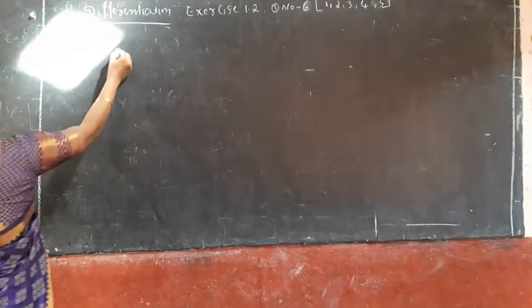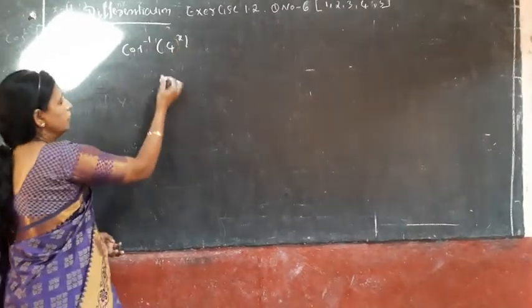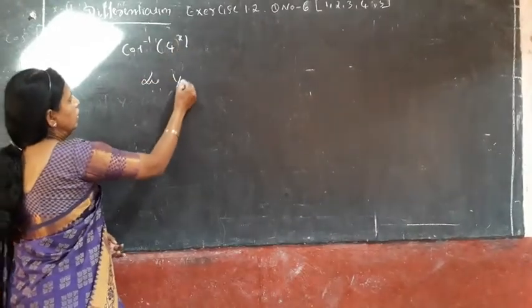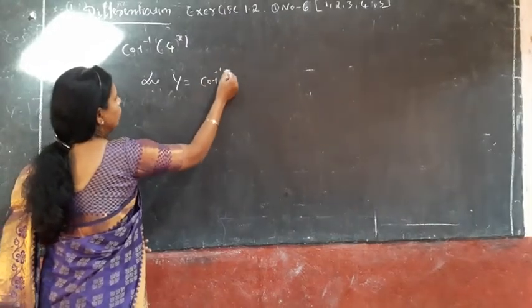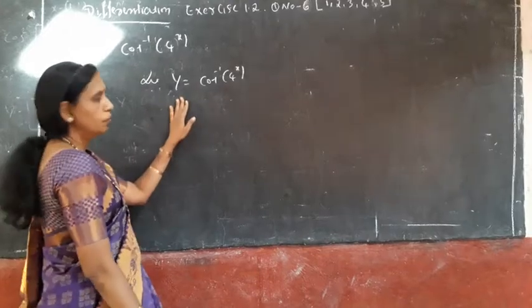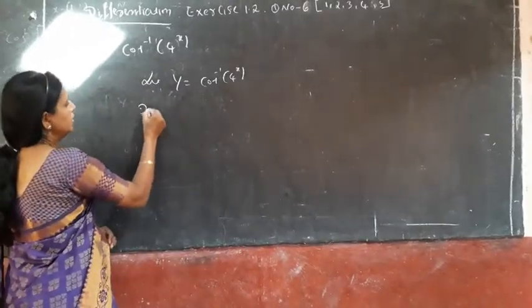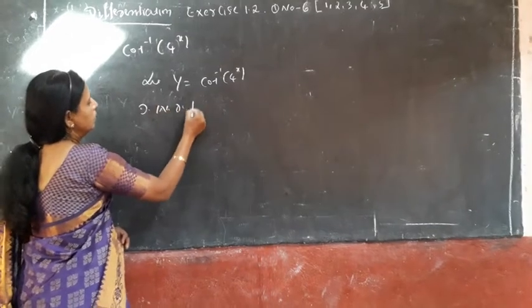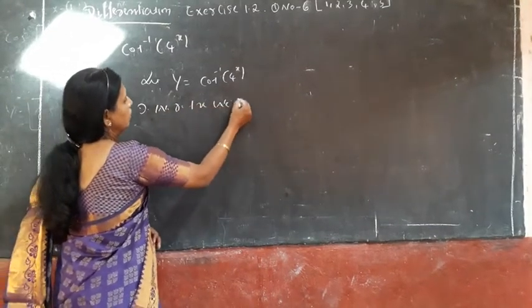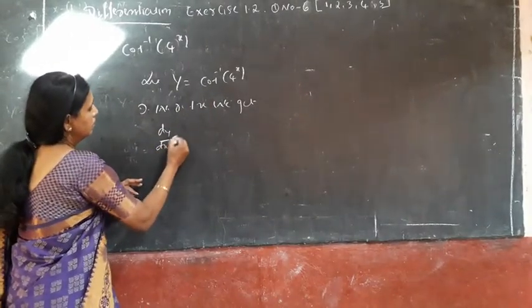That is cot inverse of 4 raised to x. First define the function. Let y equal to cot inverse 4 raised to x. Already I told the formula for the cot inverse function. Differentiating with respect to x, we get dy upon dx.